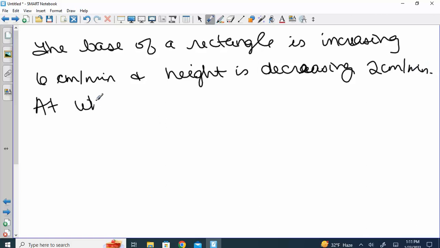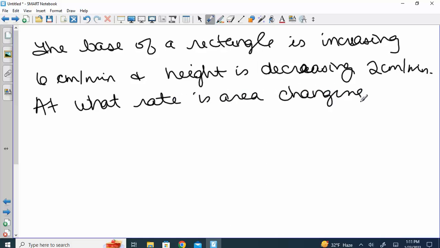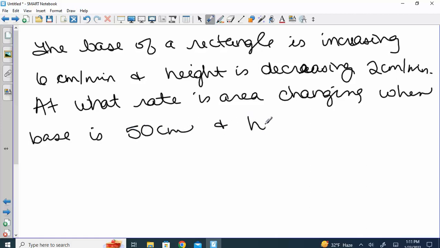At what rate is the area changing when the base is 50 centimeters and the height is 80 centimeters?